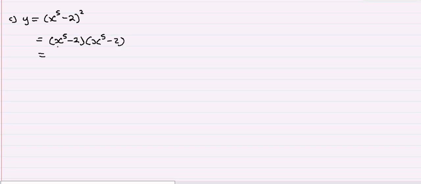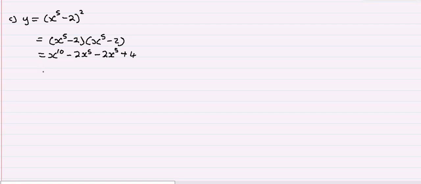When you multiply binomial by binomial, x⁵ multiplied by x⁵ will be x¹⁰. x⁵ multiplied by −2 will be −2x⁵. −2 multiplied by x⁵ is −2x⁵. −2 multiplied by −2 is positive 4.